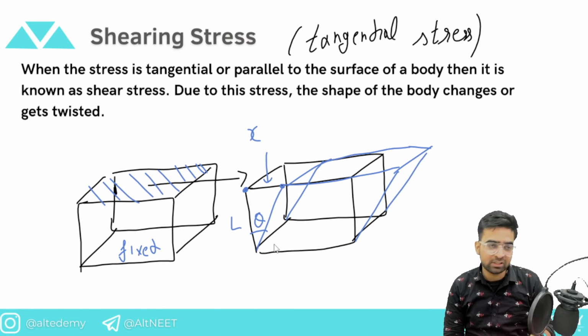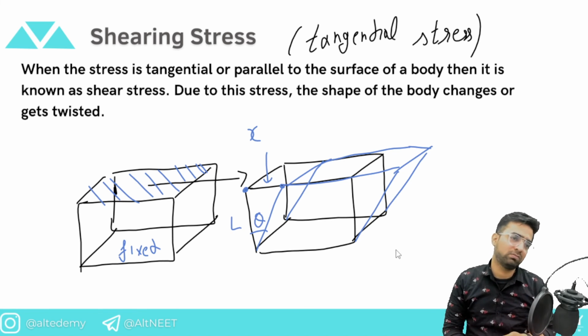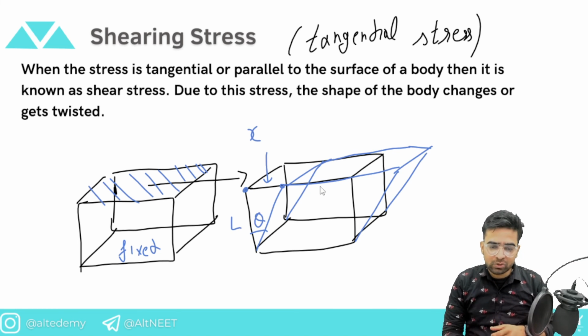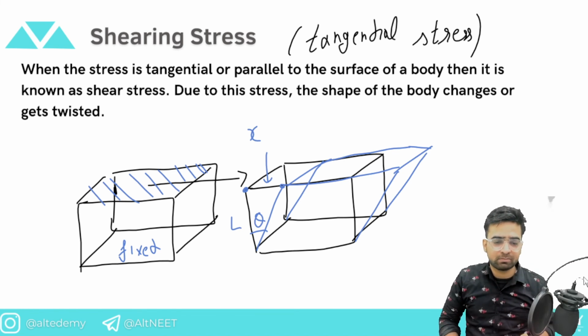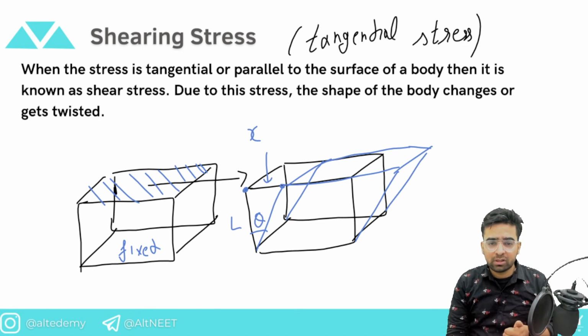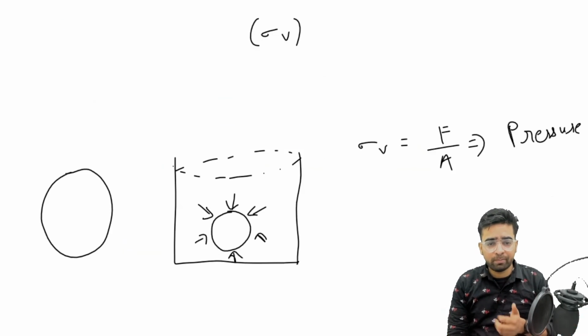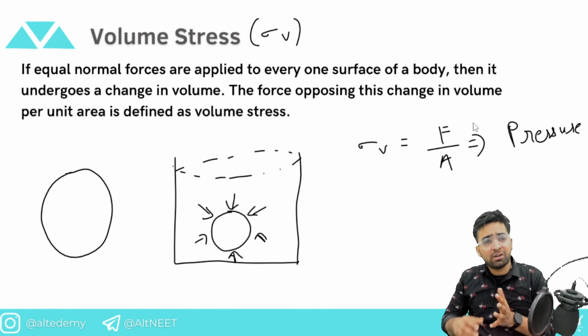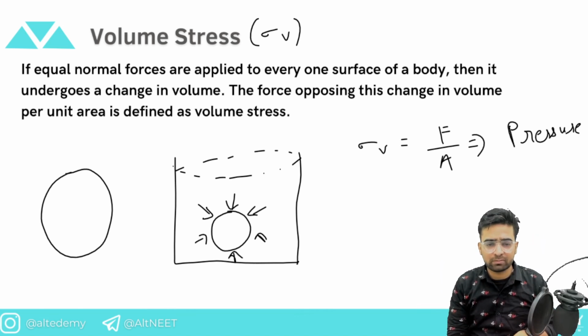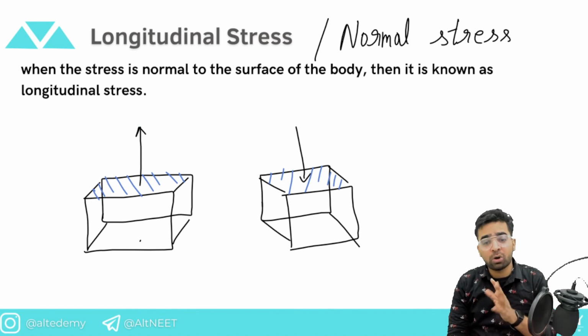So this, you can say, will create a displacement theta. Strain, we will do that. So this is called the shearing strain. Tangential stress. Volume stress is normal to every surface, and longitudinal is normal to one surface.